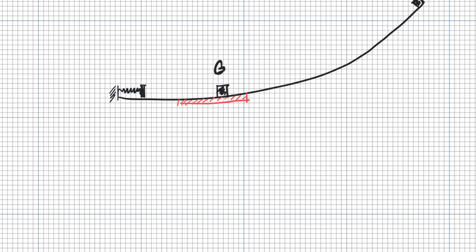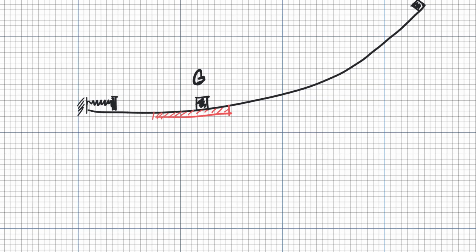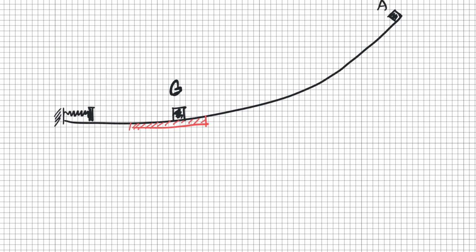This is one of my favorite problems ever. Where does it finally stop? Now again, we'll put the important numbers on here. This is 0.5 meters, and this is 0.2 meters.